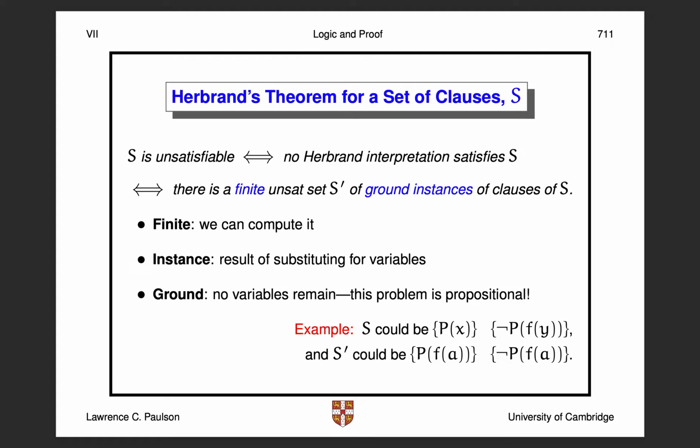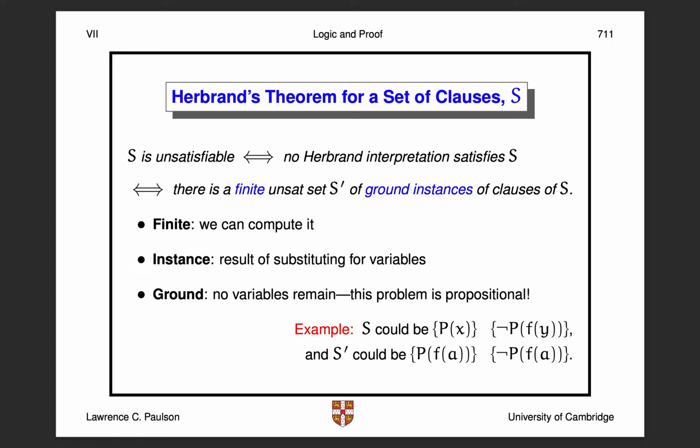At least we can store it. Because they are instances, they are trivially derived from the original clauses, and because they are ground, it means that we are now in the world of propositional logic, and we could use something like DPLL to prove our formula, or rather to exhibit the contradiction. And this is how DPLL was originally used in 1962.